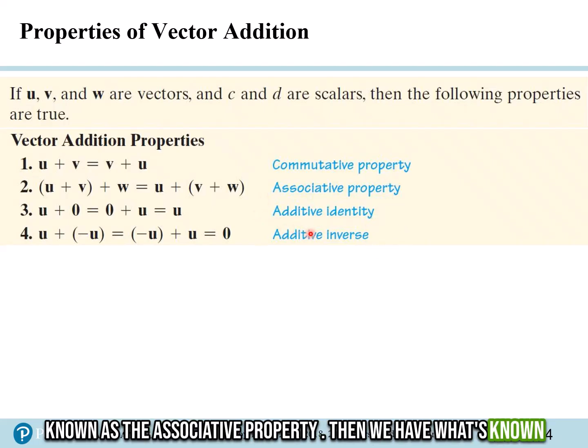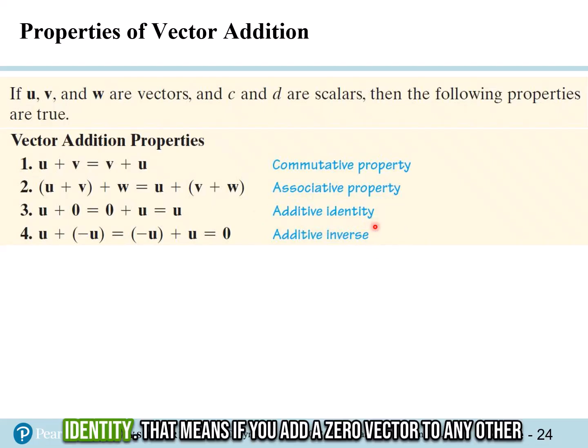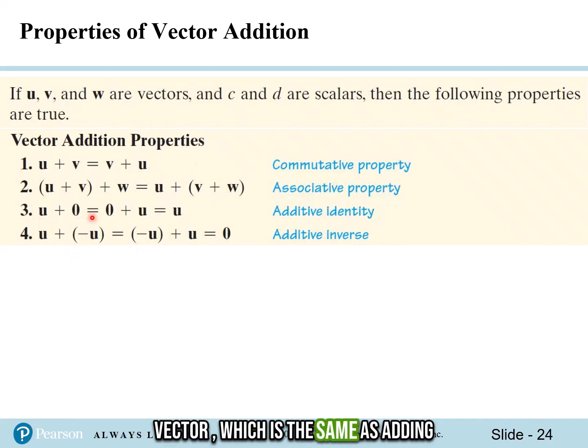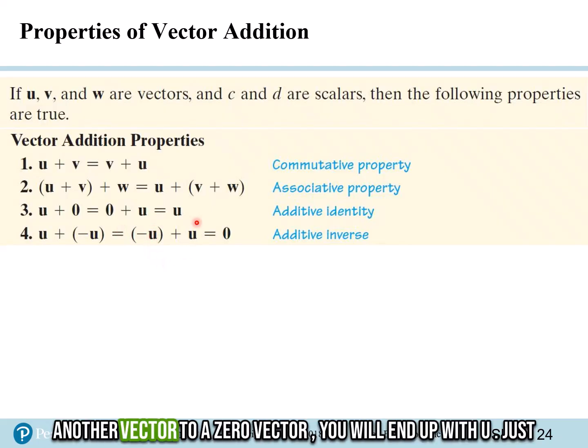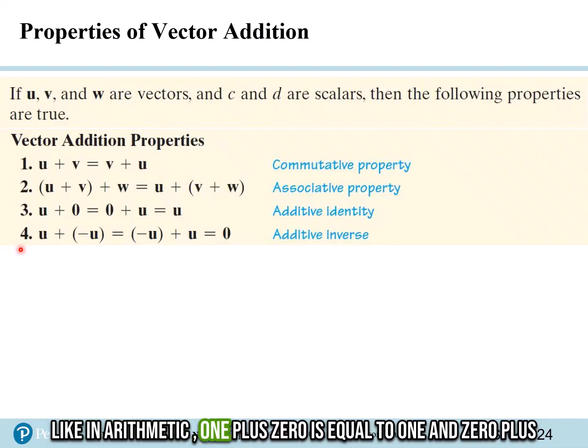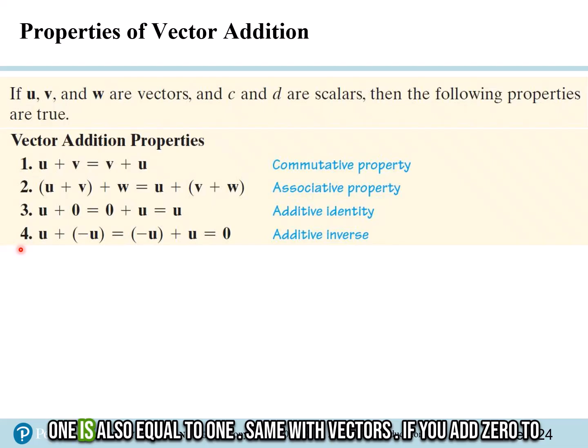Then we have what's known as the additive identity. That means if you add a zero vector to any other vector, which is the same as adding another vector to a zero vector, you will end up with u. Just like in arithmetic, 1 plus 0 is equal to 1, and 0 plus 1 is also equal to 1. Same with vectors.